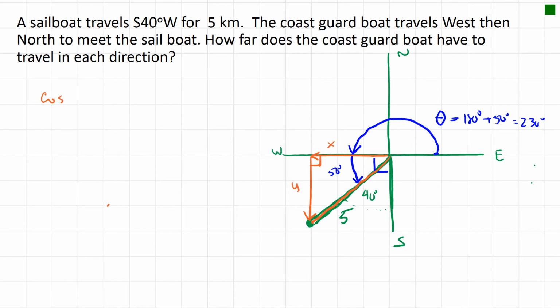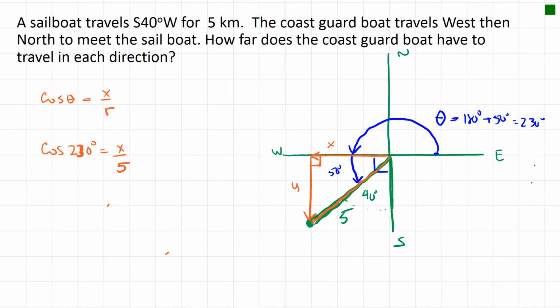So the cosine of theta is x over r, and we know the cosine of theta is the cosine of 230 degrees equals x over r, which is 5.